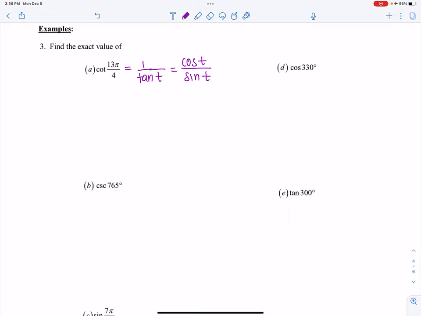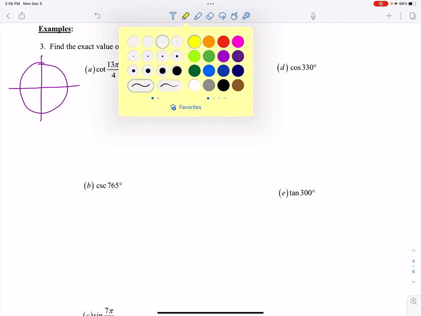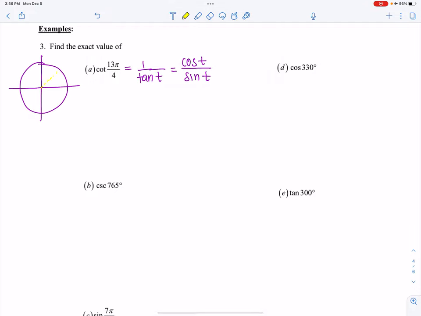Now if I'm looking at my unit circle, I want to know, where is 13 pi over 4? So what I would do is focus on where the pi over 4s are. They happen right in the middle spaces.